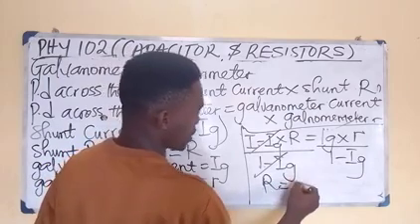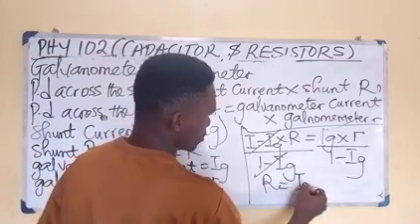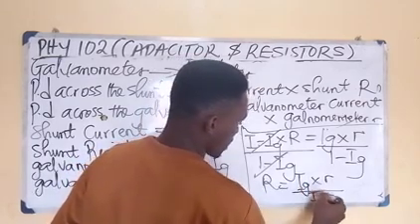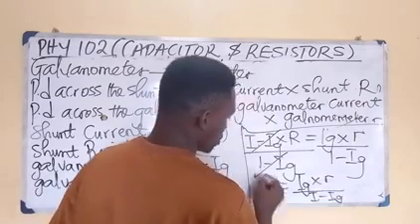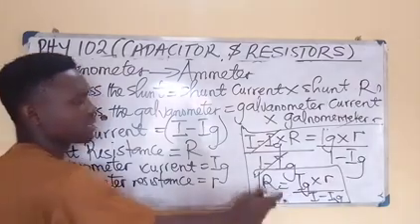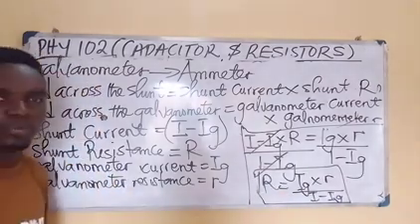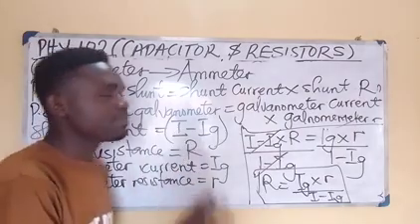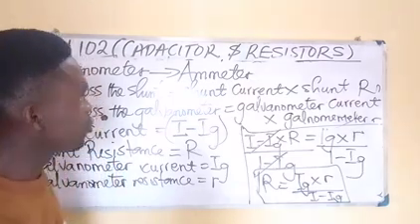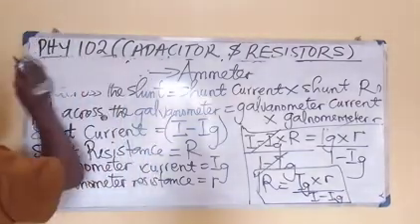Equal to Ig times Rg over I minus Ig. Don't forget this formula. This is for the ammeter. Very, very important. Just follow it step by step and you would understand it to the fullest.